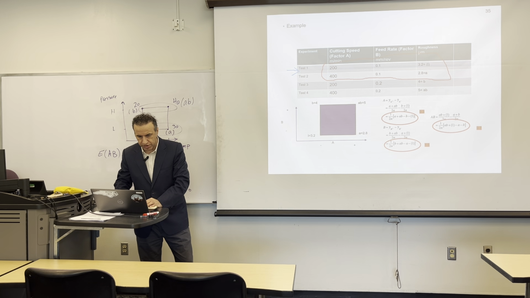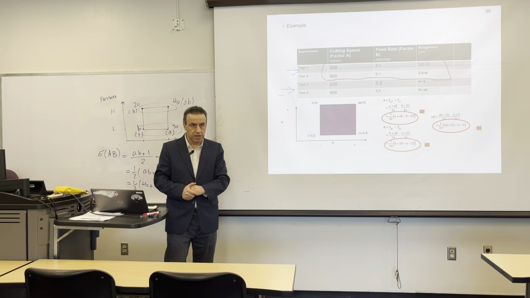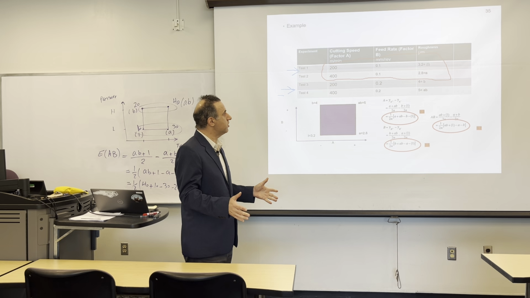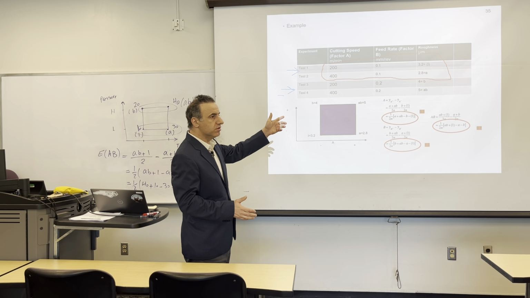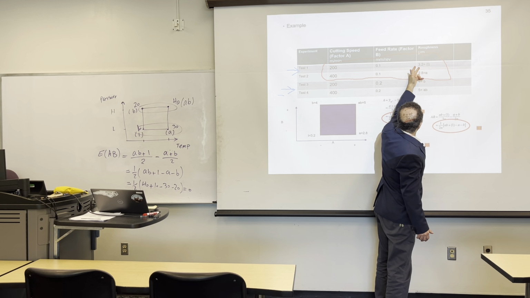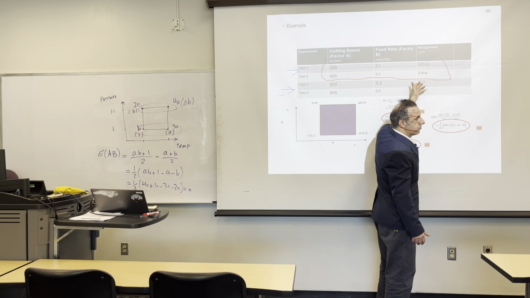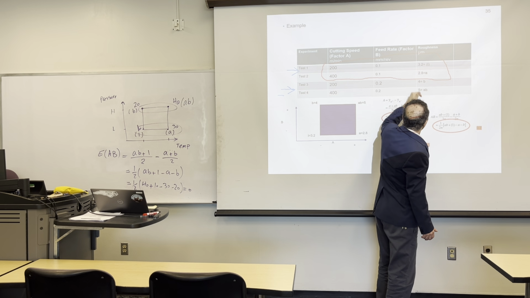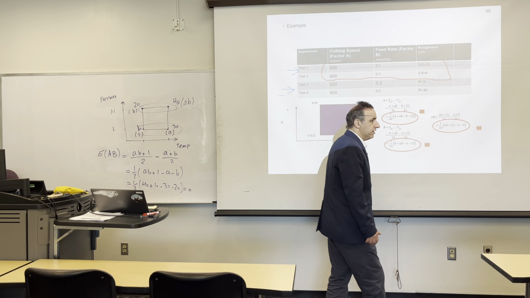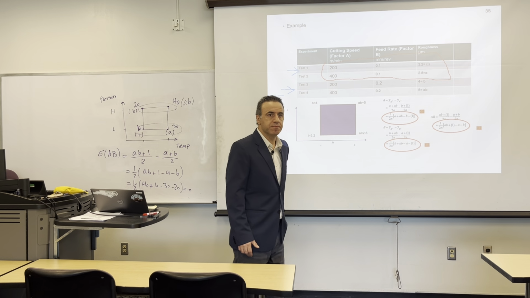This one, and compare with this one. Experiment 1 and 3. In experiment 1 and 3, what happened? We had the cutting speed the same, 200, and we changed only the feed rate from 0.1 to 0.2. What happened? You see, there was a larger roughness difference, about 0.8 difference, right? Compared to these two, that was 0.4, and this is 0.8, almost double, right?